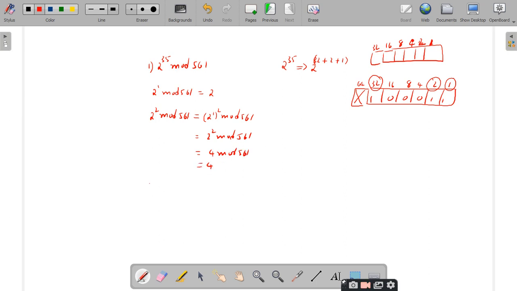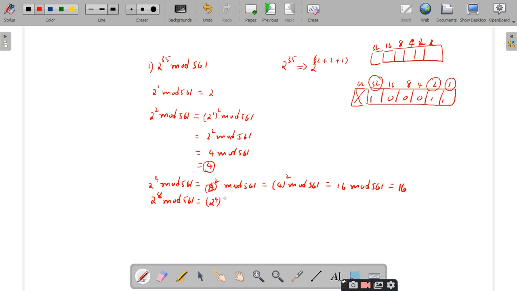Next 2 power 4 mod 561. That is 2 square whole square mod 561, which is 4 square mod 561, that is 16 mod 561, which is 16. Next 2 power 8 mod 561.